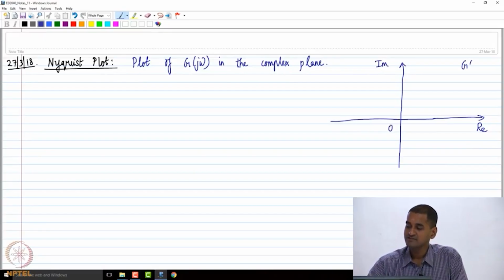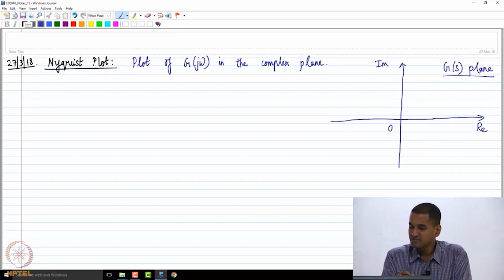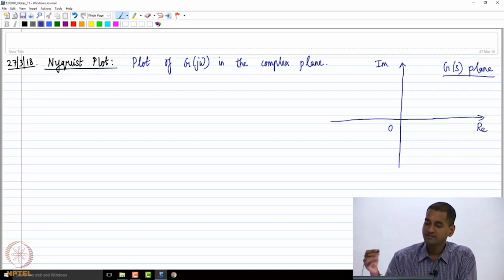Some people will call it the G of s plane, to indicate that it is no longer the s plane as such. That is, we are not tracing the variable s, but rather we are tracing the transfer function G of s, which is also a complex valued function. So people will call it the G of s plane or G of j omega plane and so on.